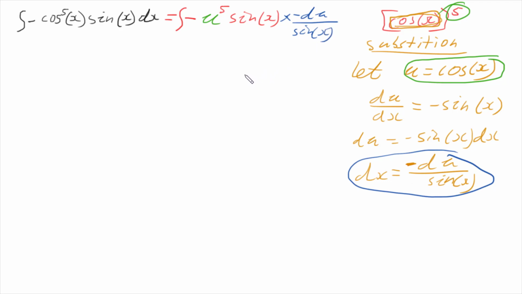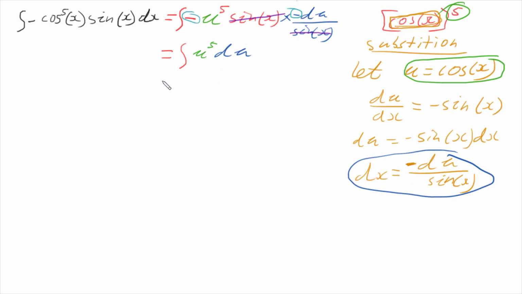So now what happens is I've got sine x divided by sine x, so the sines are going to cancel out, and I've also got a negative times a negative, which becomes positive. So now my integral is going to be the integral of u to the 5th with respect to u, because everything else has disappeared.